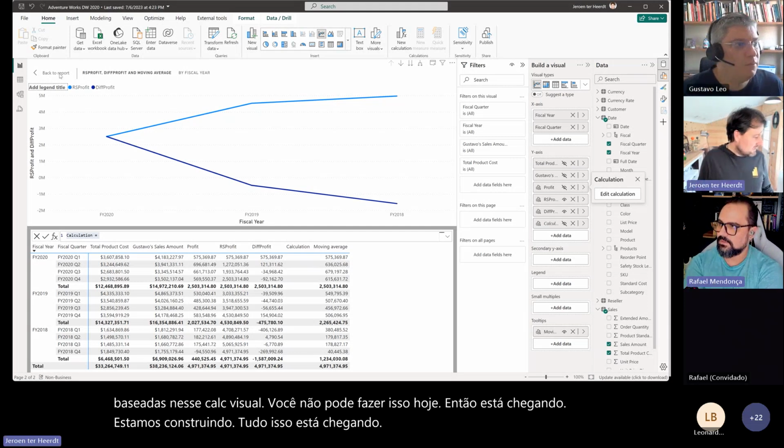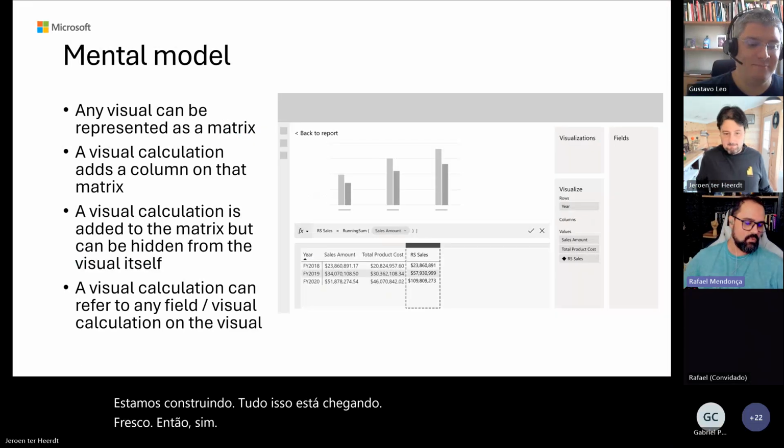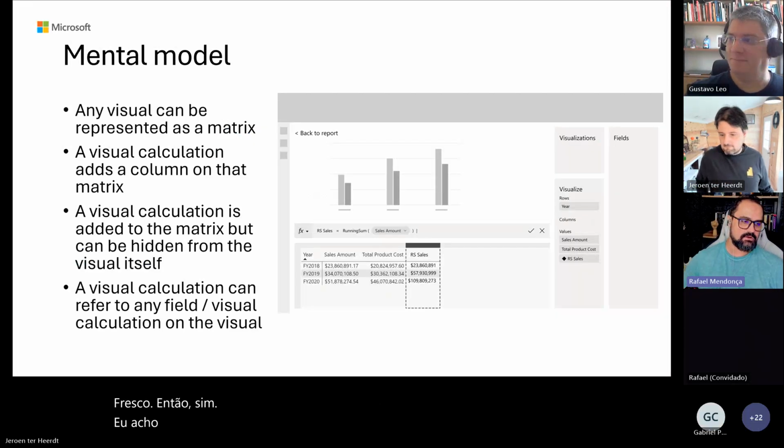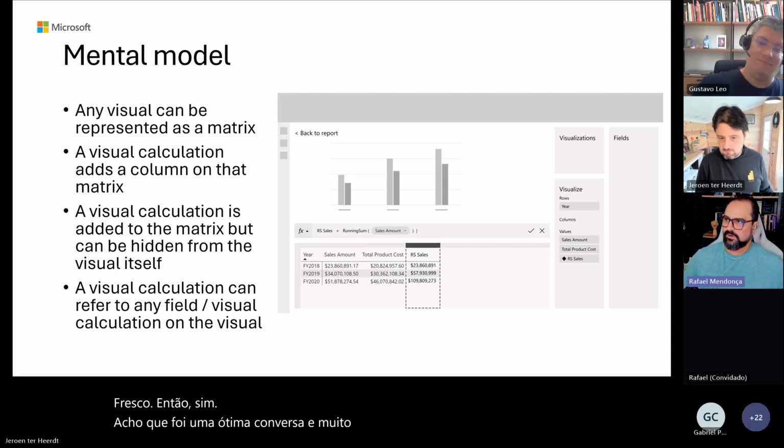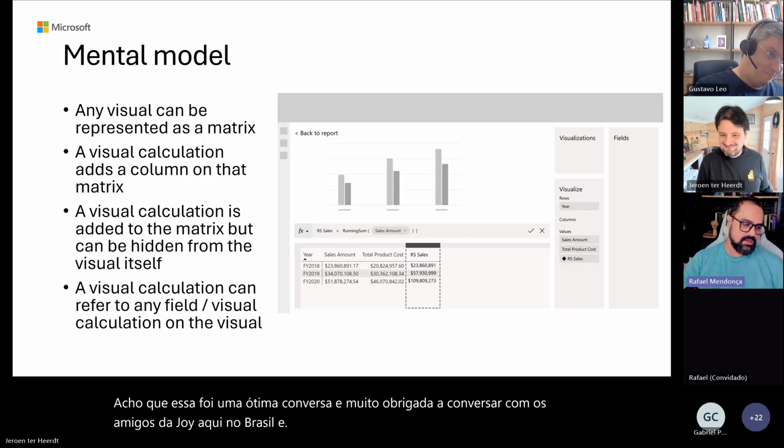Cool. Good. So yeah. Thank you, Jeroen. I think this was a great talk. Thank you a lot for talking to our friends here in Brazil. We are a great country that loves Power BI.